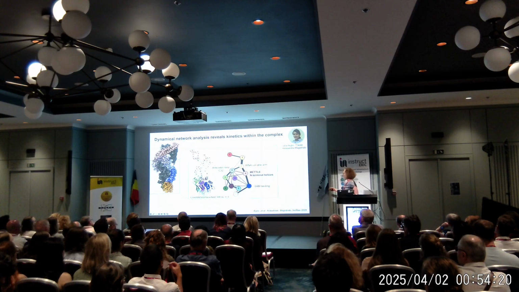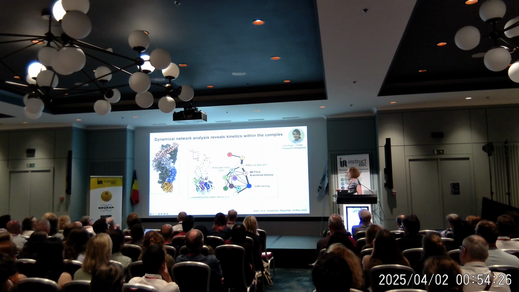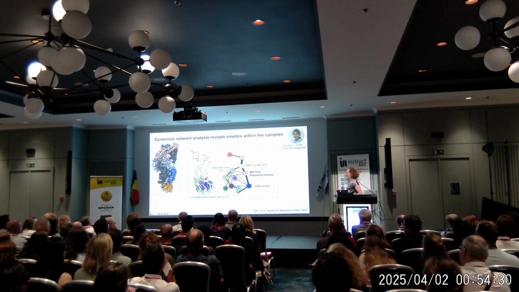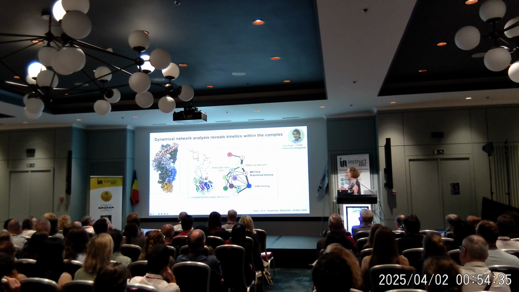And I tried to color here the tRNA plus the METTL6 in these communities. And here is the analysis. So thick lines mean there's a lot of communication, and thin lines mean the entities do not communicate so much.